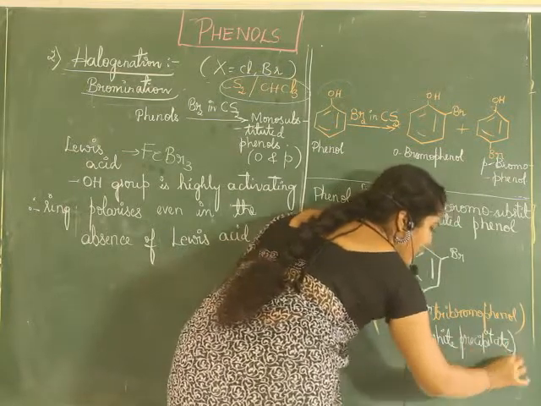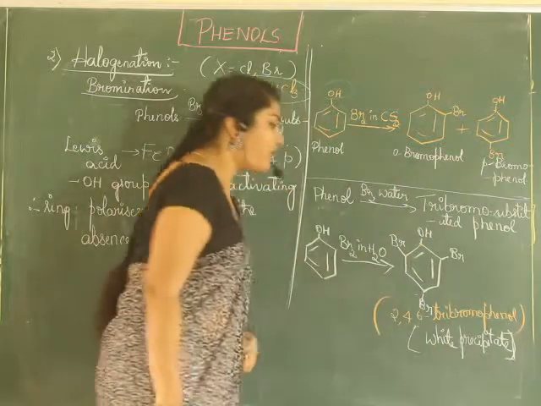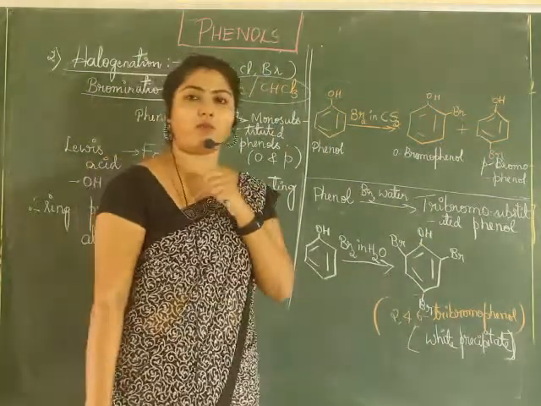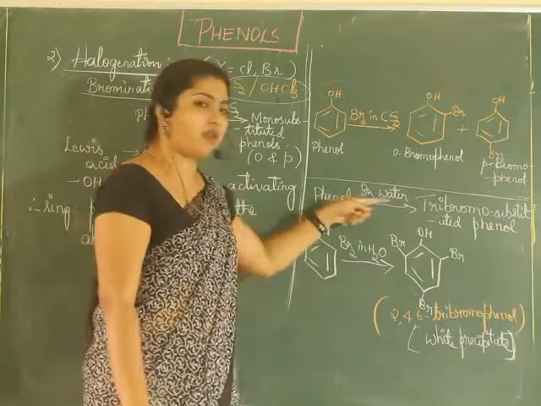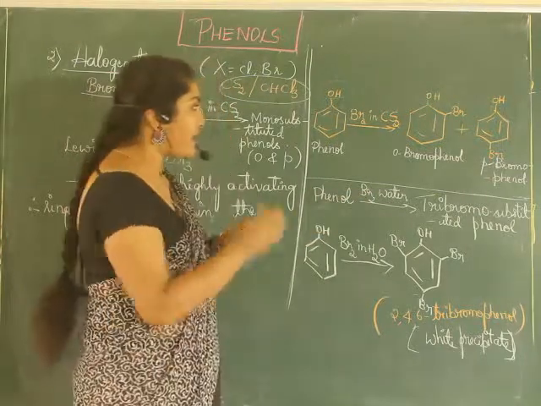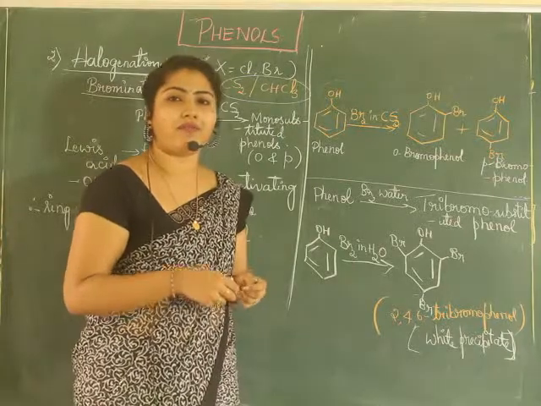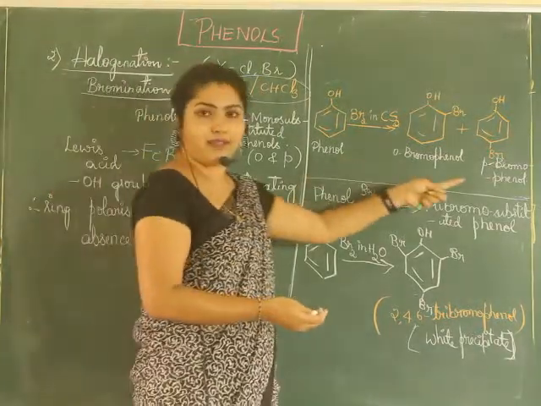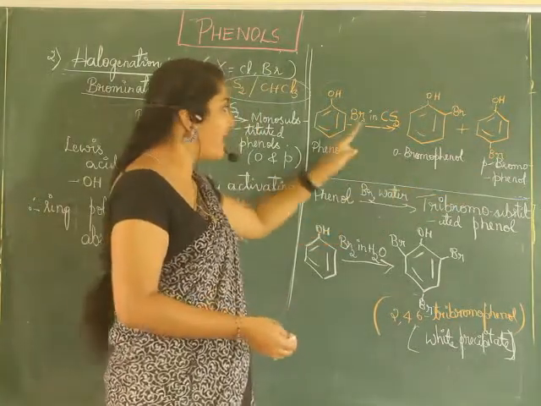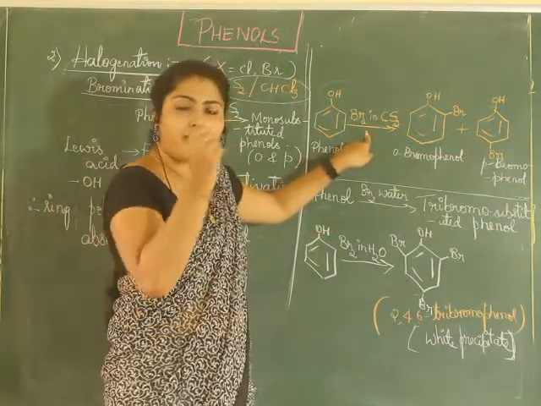If they ask you a question, name the white precipitate compound that is formed when phenol is treated with bromine water. These kinds of reactions they can give you for fill in the blanks type of questions, for guessing the products, or otherwise to guess the reagents also.